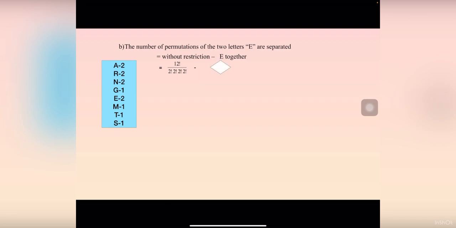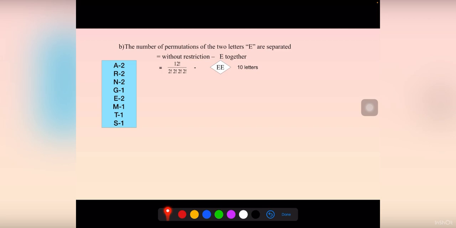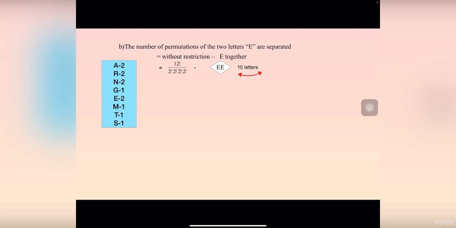When we take E together, the two E's must be together as a block. Then the left behind letters are 10 letters. The E block is considered as one object and the balance is 10 objects, so altogether we have 11 objects. But we still have some repeating objects inside these 10 letters.